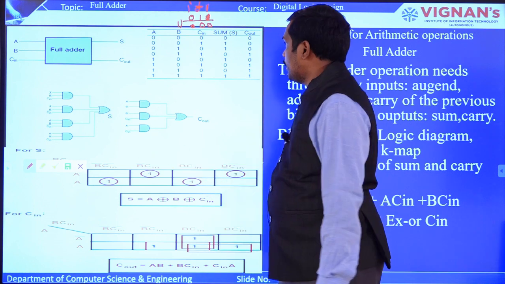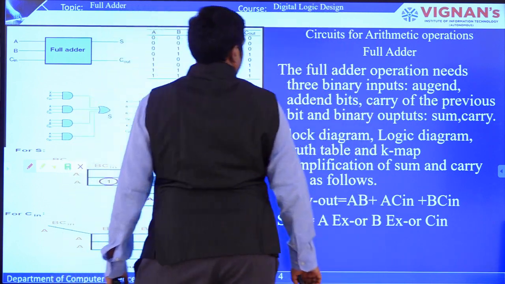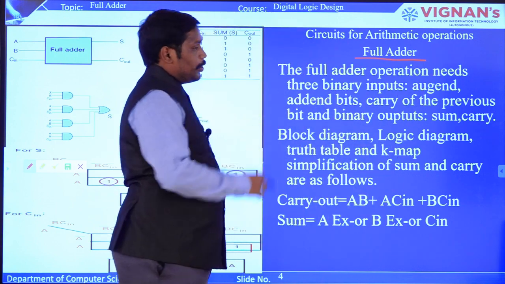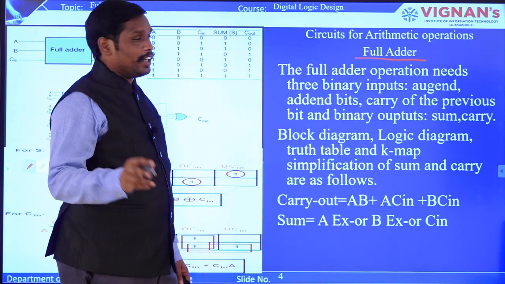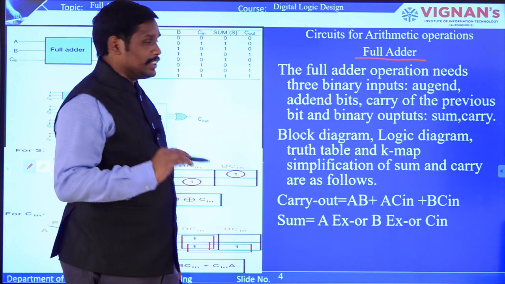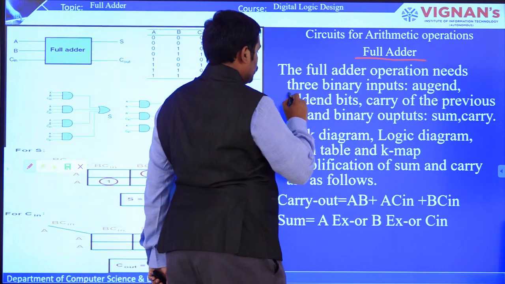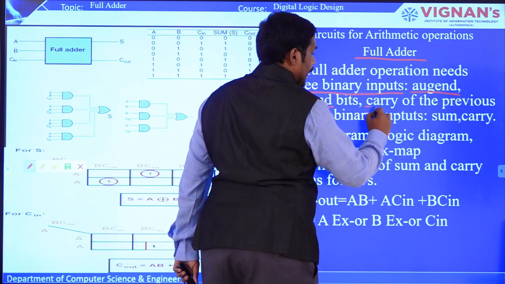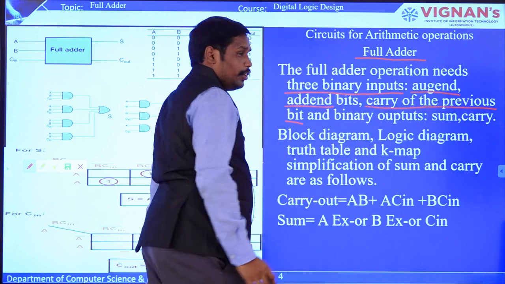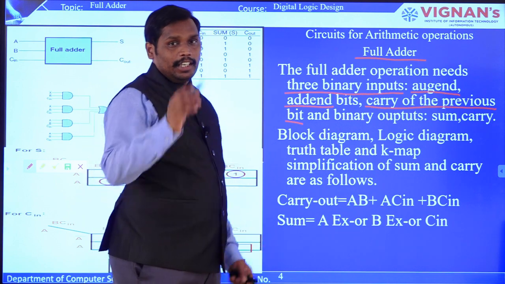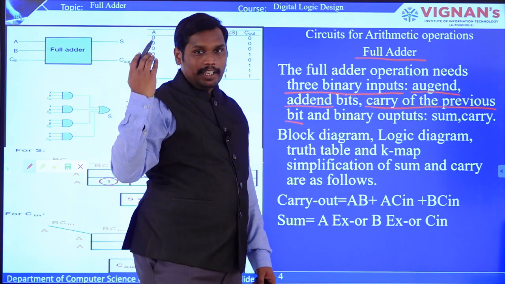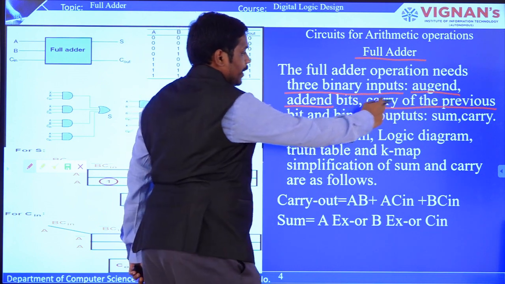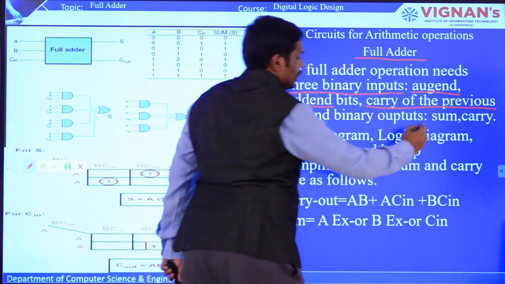So with this full adder, you can see here the circuit for arithmetic operations. We are considering the full adder, which means that the carry is also considered. Here we have 3 binary inputs, which are the augend, the addend and the carry of the previous bit. For example, in the example that we have taken, 1 plus 1 is 0 and the carry will be forwarded to the next bit. That is what we call the carry of the previous bit, and the binary outputs are sum and carry.